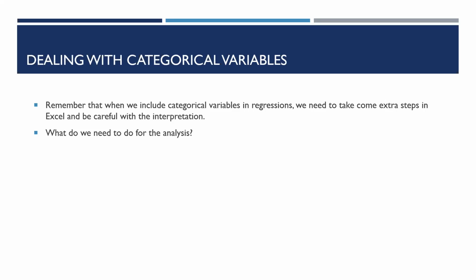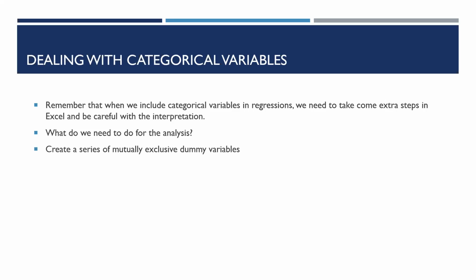What we need to do for the analysis, and we'll look at this in a minute, is start off by creating a series of mutually exclusive, what we would call dummy variables. Dummy variables are just 0, 1. You either are that category or you're not. So if we have 3 categories, we're going to create 3 separate variables. Maybe we would say black, white, and other.